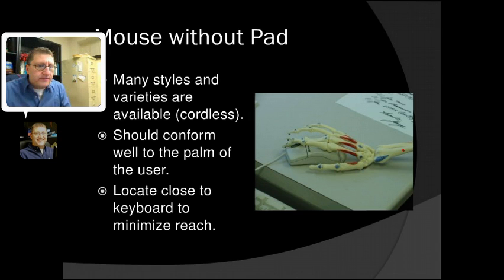You can still see this pretty significant curvature. I'm not doing a good job with my drawing, but you can see there's an angle there. It's not flat, but it does need to fit into the palm, right? You don't want to have to kind of reach around the mouse in order to make clicks. It should fit nice and snug in the palm, but not with hard surfaces or corners or anything like that.